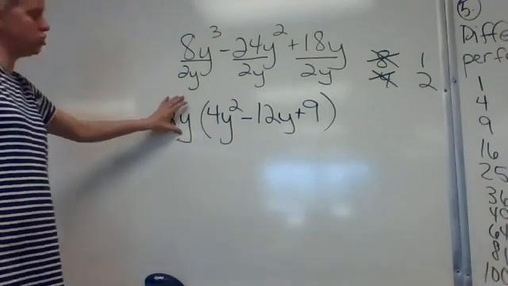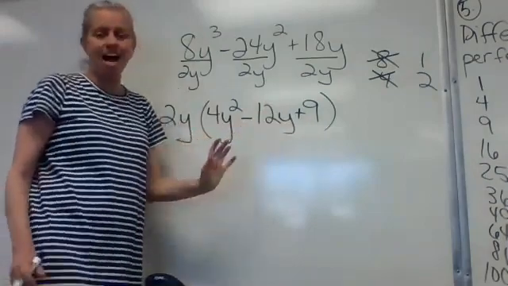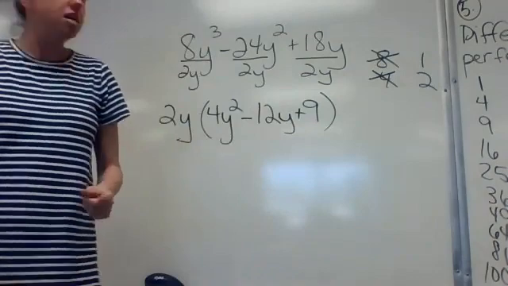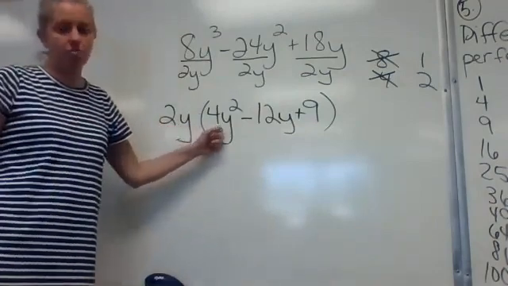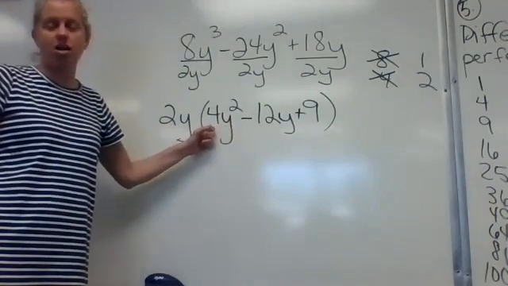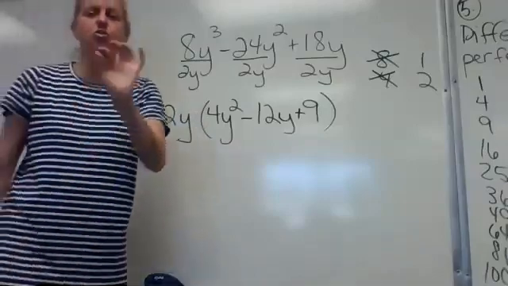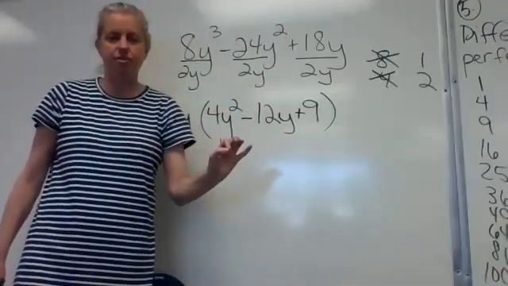So I pulled out the 2y, but I need to check, does what's left inside those parentheses factor some more? So even though I pulled out the 2, I'm still left with a number in front of the y squared that's not a 1. That's what tells you it's the long trinomial method.